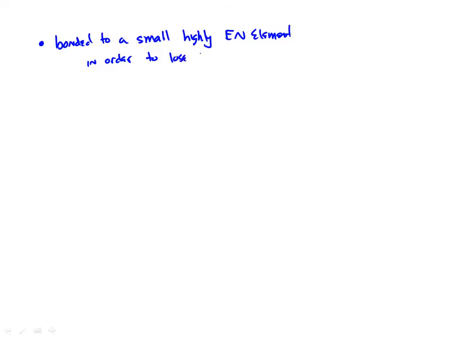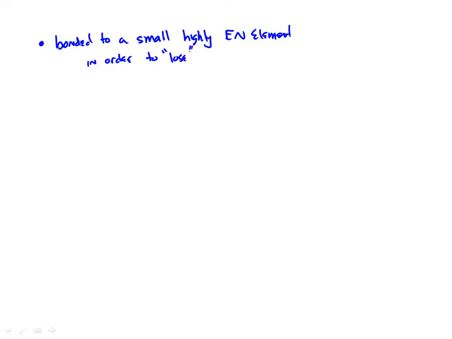And then the second part is it has to be bonded to a small, highly electronegative element in order to "lose" the electron, and I'm putting that in quotes, we're not really losing it, right?